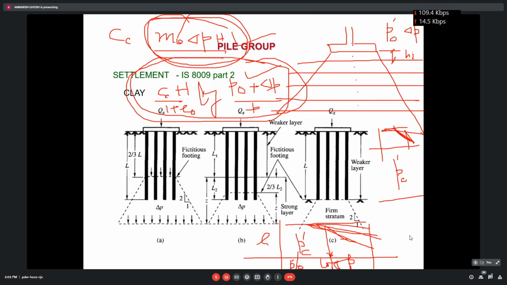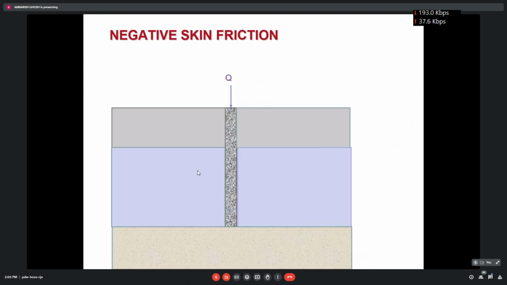So can you do the settlement calculation for a pile group in clay? So you read it for shallow footing and then you go for the group of piles. It will be convenient because it is the same thing.